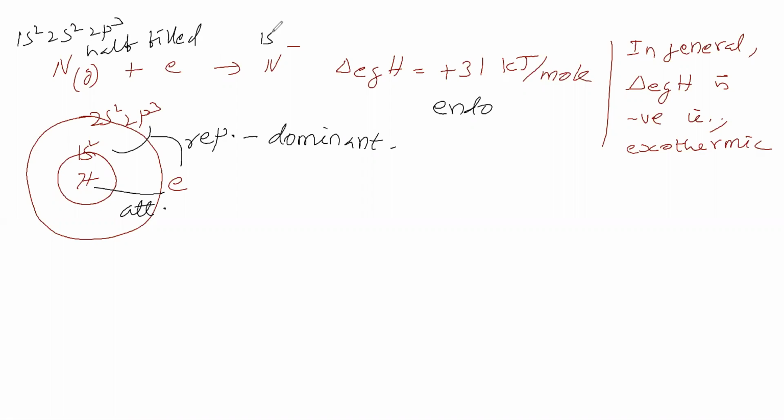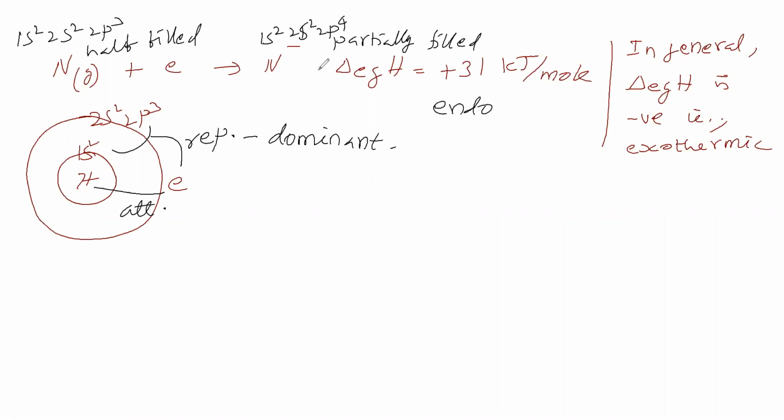But here the configuration becomes 1s2, 2s2, 2p4, which is a partially filled configuration. So nitrogen's half-filled stable configuration is converting into a partially filled configuration. Therefore, electron gain enthalpy shows abnormal behavior compared to normal, so that it is endothermic. So remember that nitrogen's electron gain enthalpy is endothermic.